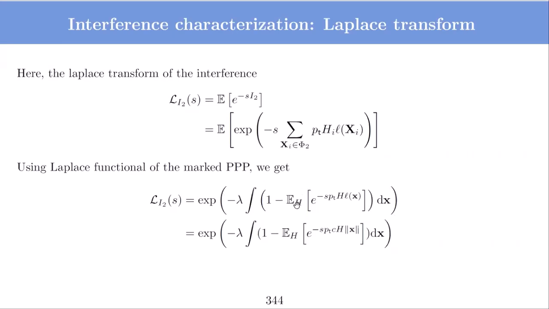So the main difference from the non-fading case is the presence of this fading variable, and because of that, the expectation with respect to h. Now I put back the path loss here, so that will be c into norm of x to the power minus alpha here.